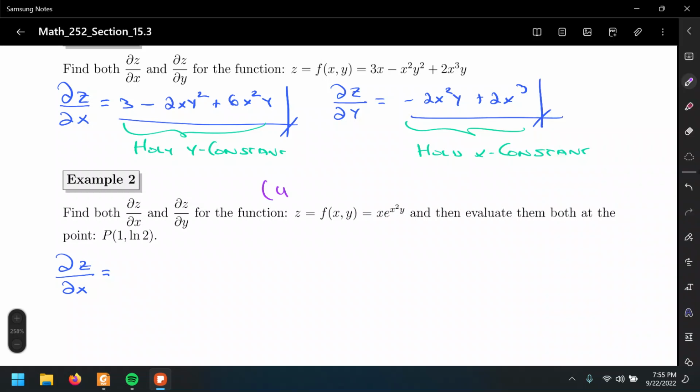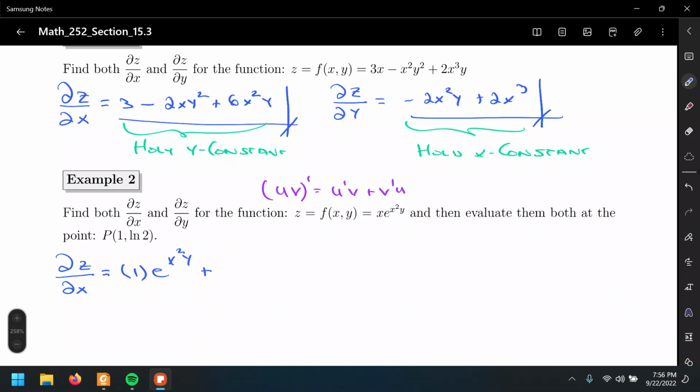Alright, so for the product rule, let me write down the formula. The derivative of a product uv prime, that's u prime v plus v prime u. Okay. Well, in this case, since we're differentiating x with respect to x, the derivative of x, which is 1, times v, which is the exponential e to the x squared y, plus the derivative of the exponential with respect to x, and careful here.